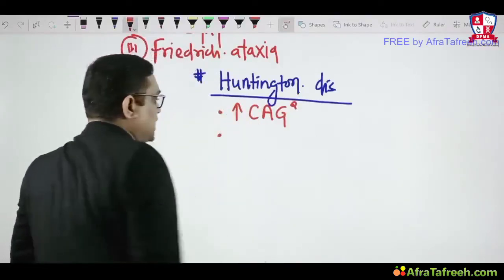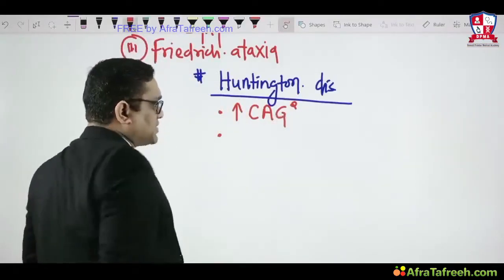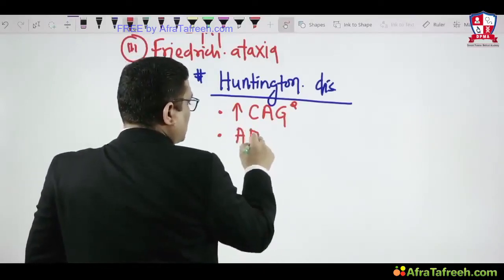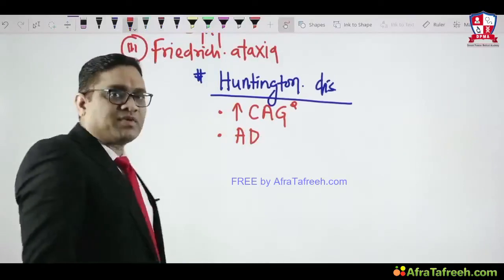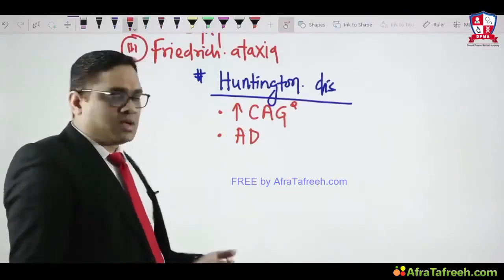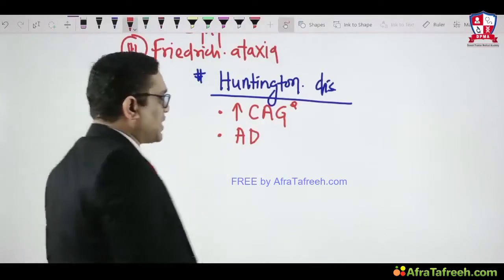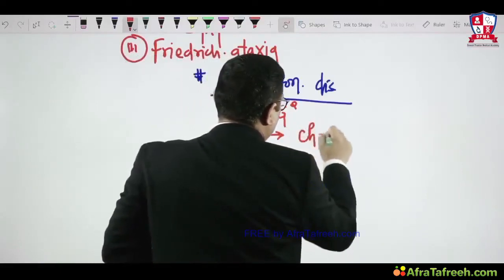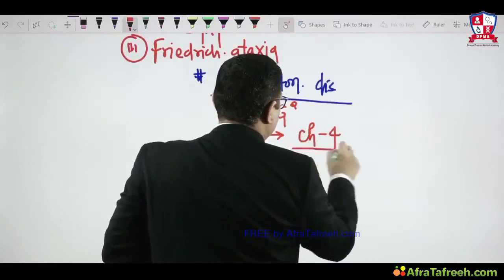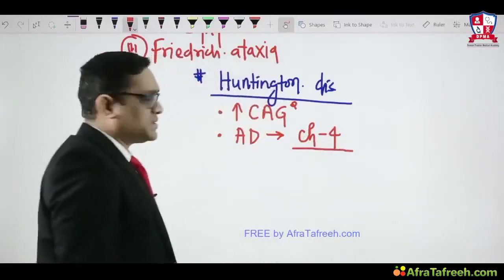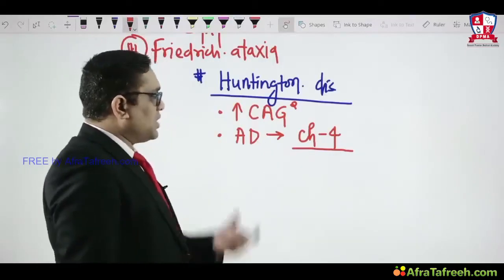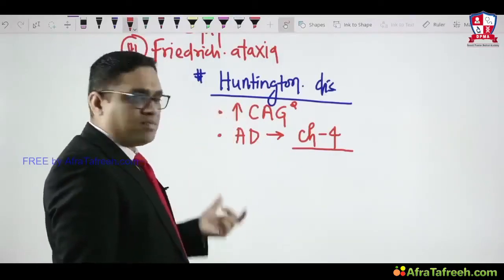Because of this CAG repeat mutation, they will develop the disorder. These are autosomal dominant disorders with trinucleotide repeat mutation, and this is happening on chromosome number 4, where the CAG trinucleotide repeat will be more.